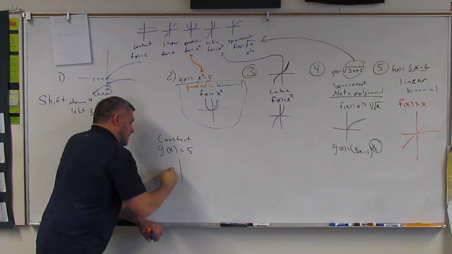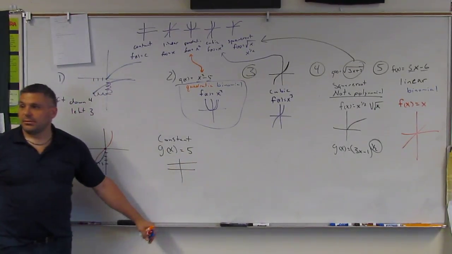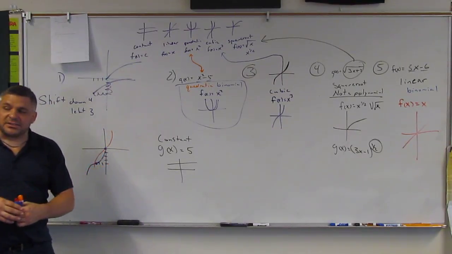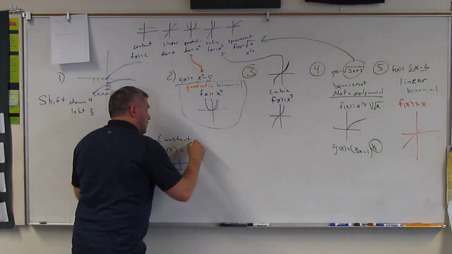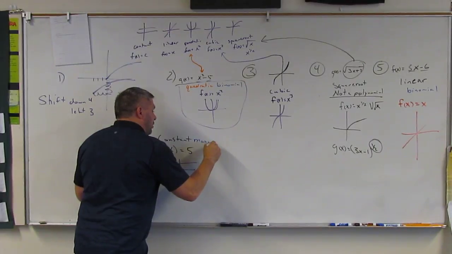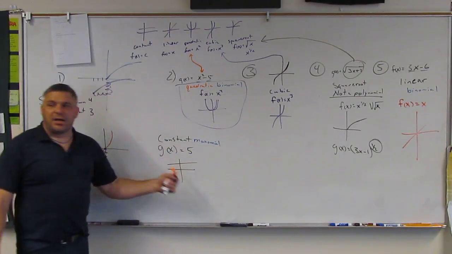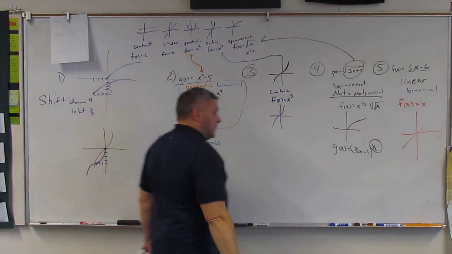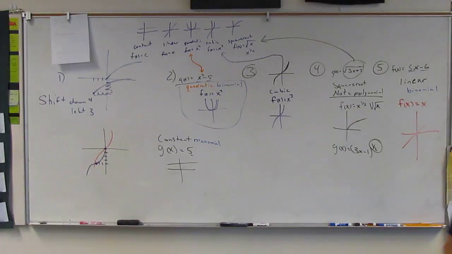And it would look like this. Okay? And what it would be is a constant monomial. Why a monomial? One piece. Good. One piece. Alright?